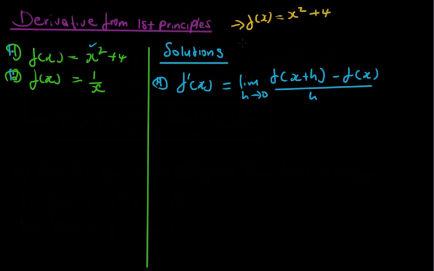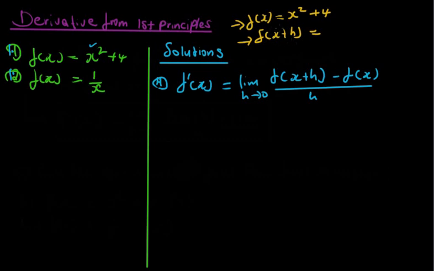At least now I have f of x. I need f of x plus h. This is the trickier one, because when I substitute here, I want things to be simple. So what is f of x plus h?